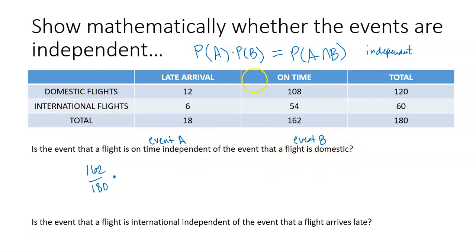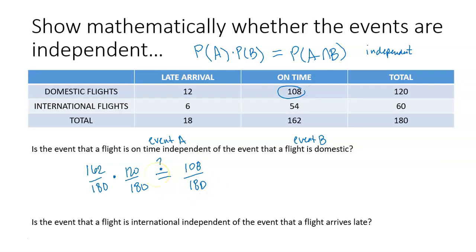If I look up here, there are 120 out of 180 that are domestic. Now I need to check, does this equal the probability of A intersect B? Remember, the probability of A intersect B would be the intersection of on-time flights with domestic flights. So domestic and on-time, there would be 108 out of 180.